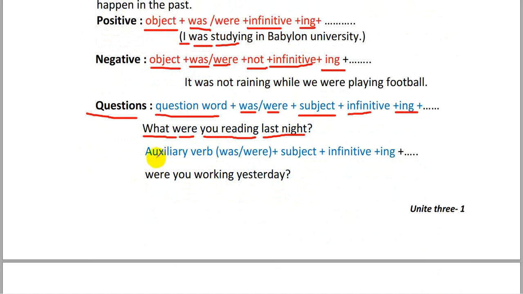The form of the auxiliary verb is made by using was or were plus the subject. Of course, was or were, depending on the subject, then infinitive plus ing. For example, were you working yesterday?